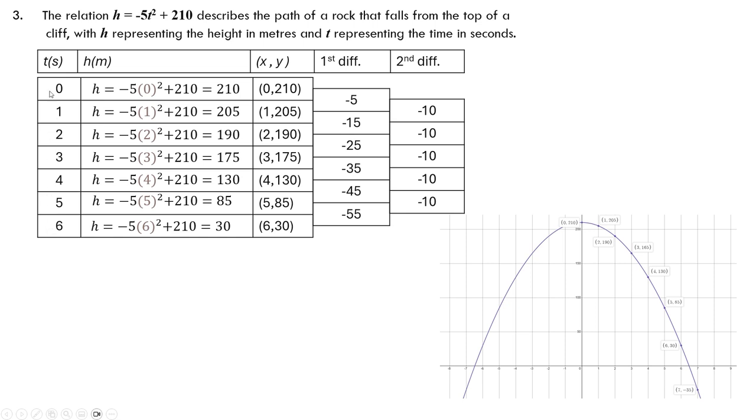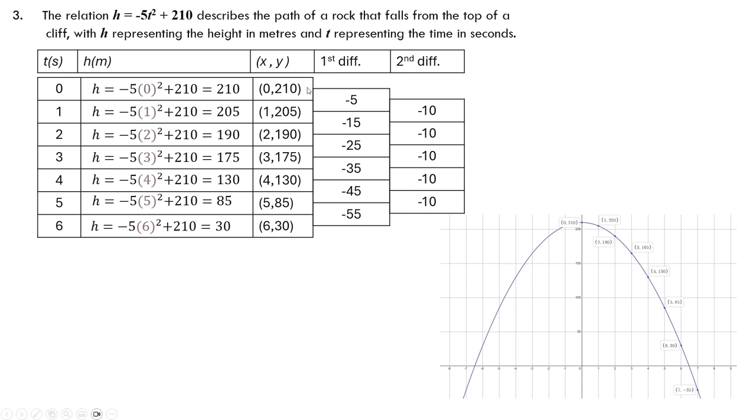It's very important that the x values, or in this case the t values, be consecutive. Then in each case we're going to plug these t values into the equation to give us the h value.